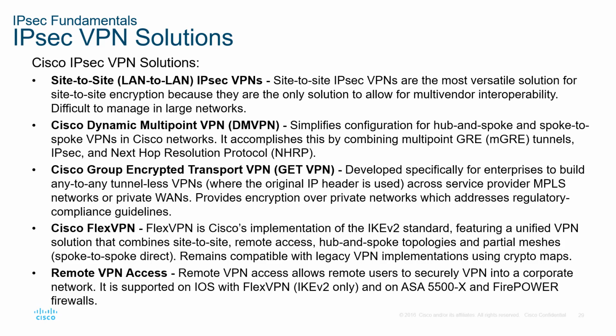We also have what's called GET VPN, the Group Encrypted Transport VPN. This was developed specifically for enterprises to build an any-to-any tunnelless VPN, and this was to work over MPLS. Cisco also has FlexVPN, an interpretation of the IKE v2 standard, featuring a unified VPN solution that combines both site-to-site and remote, as well as other technologies like hub and spoke, spoke-to-spoke, and partial mesh.